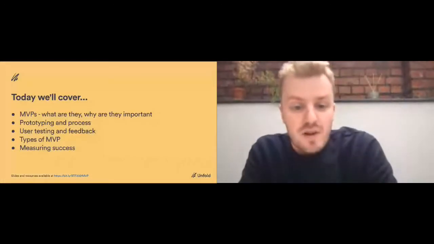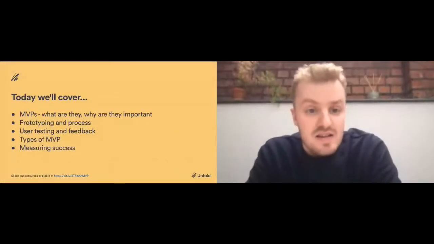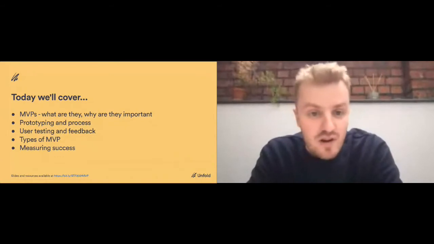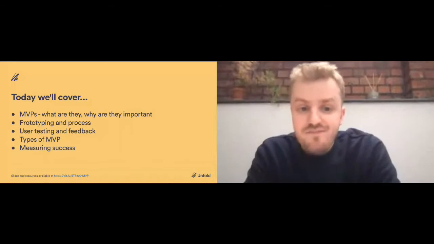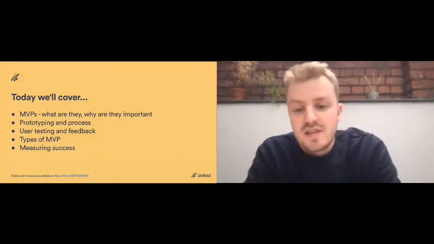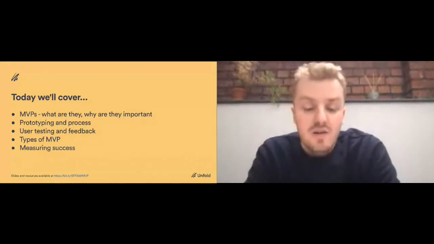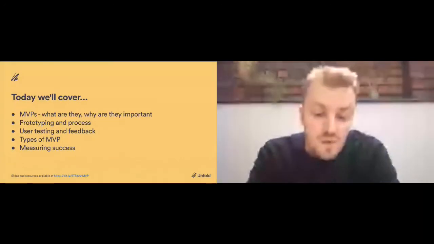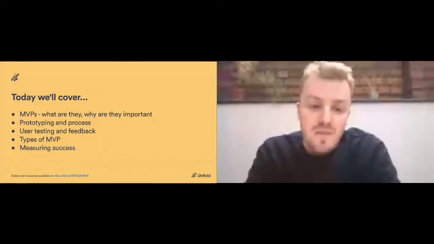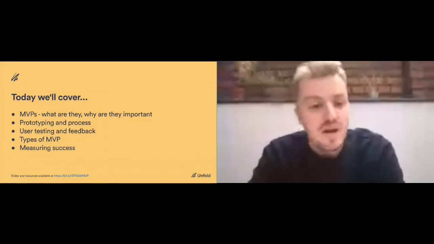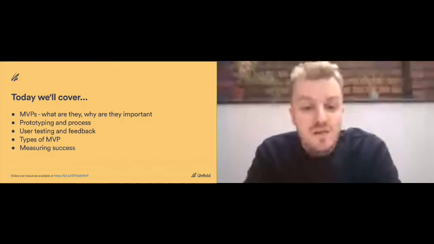Today we're going to be talking about, in a bit more detail, MVPs: what are they and why are they important? We're going to look at prototyping and how you can do that in your design process. We're going to talk about user testing, which is important as part of MVPs, and why, and how you can effectively collect that feedback.